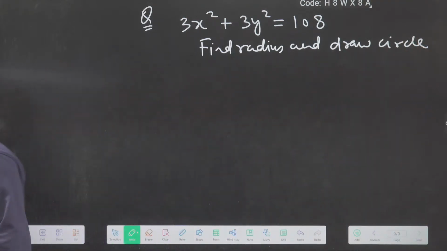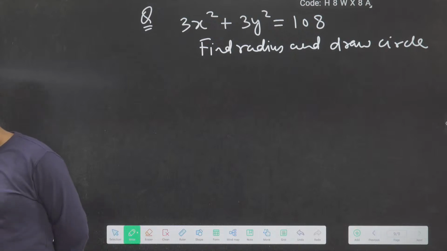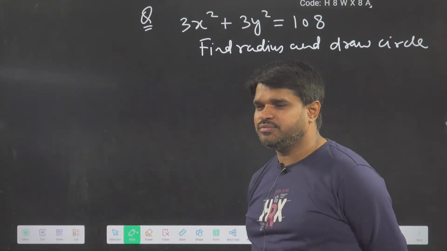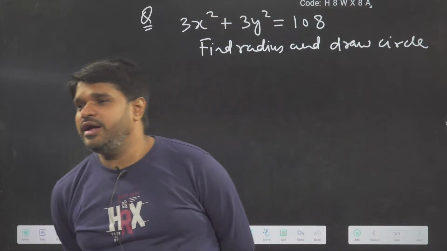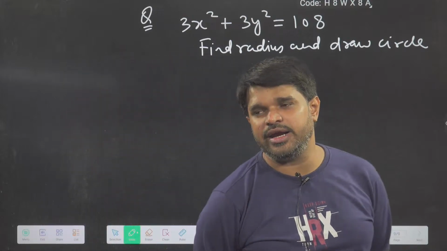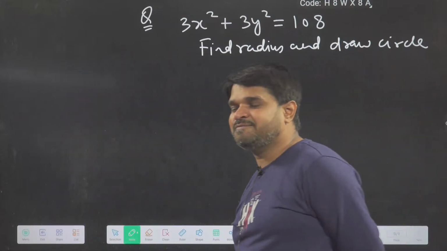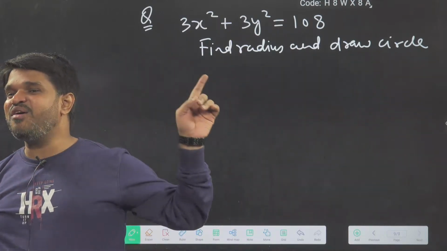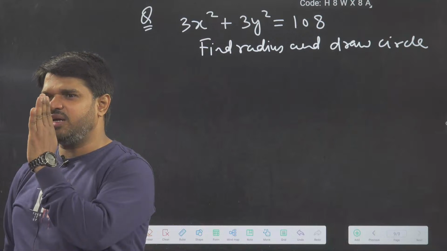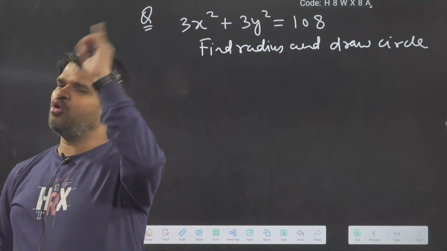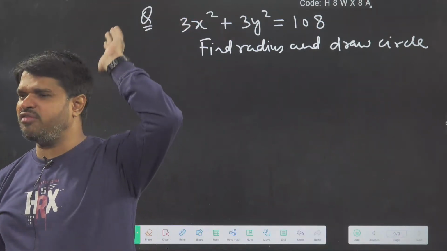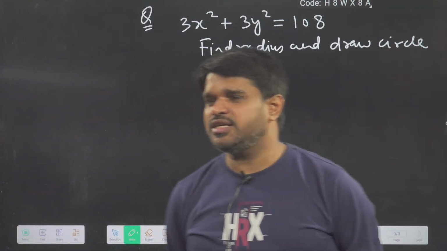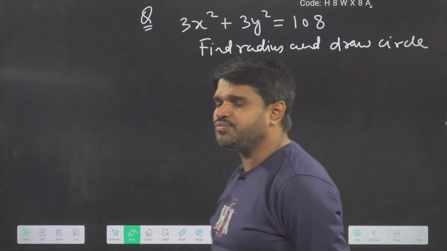Everyone do. Good. Radius is 6. Great. Draw the circle also. When we are in the middle of some topic, we should have discussion only around that. Slope, line, later on we will discuss all those things. Yes, radius is 6. Good. Draw the circle.